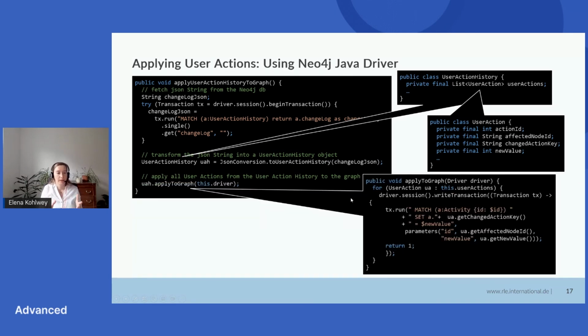So now you want to apply all these user actions from the user action history to the graph. What you can do is, again, just loop through all the user actions that are in this history and apply them. You first have to find the node in the database by ID, for example, where you then set this new property to the new value. And of course, you can do that a bit smarter than here. You could try to concatenate things.